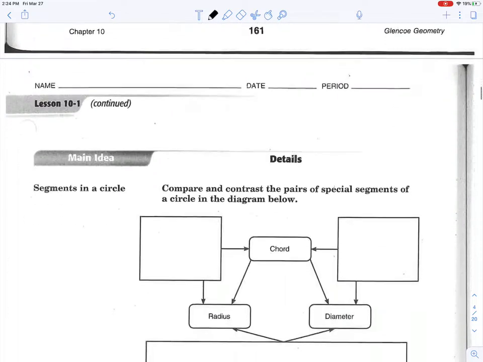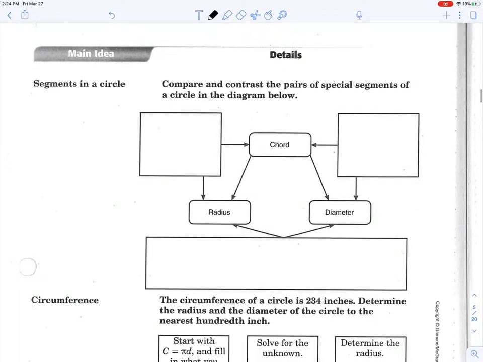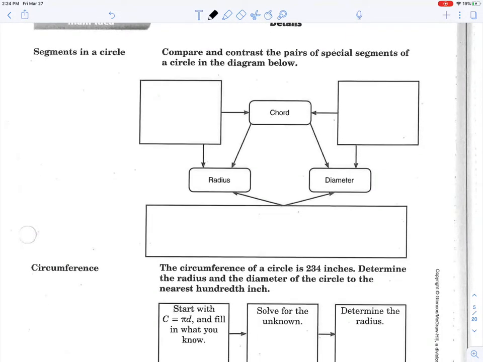Okay, so let's move on to some examples and some formulas. So, compare and contrast the pairs of special segments of a circle drawn in the diagram below. How are a radius and a chord related?